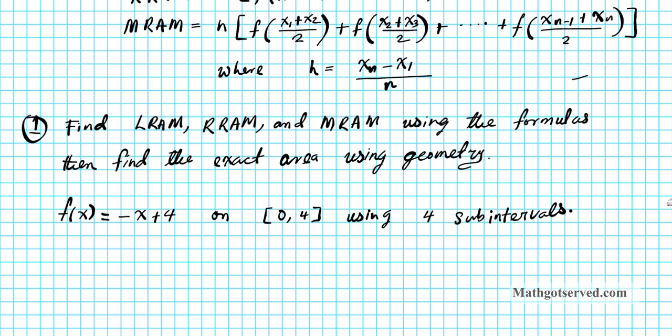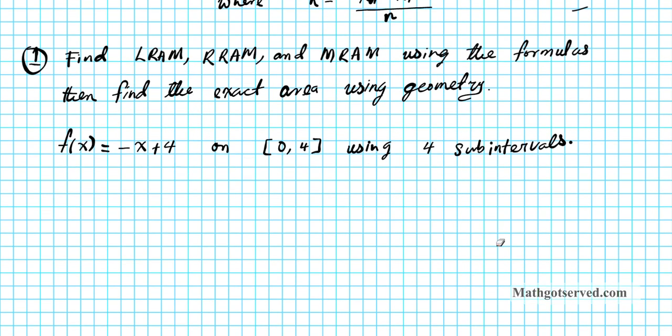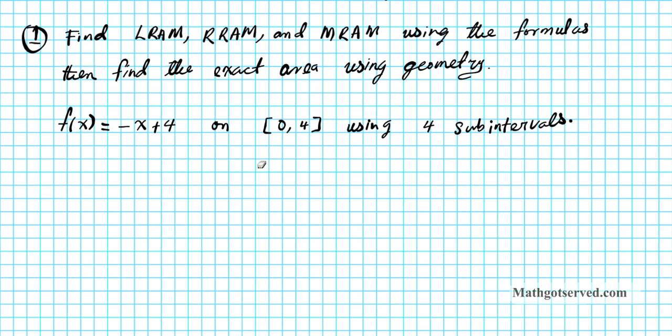Alright, so the first thing we're going to do here is find the left-hand rectangular approximation. We want to approximate the area under the curve from 0 to 4 of this function using the left-hand rectangular approximation.